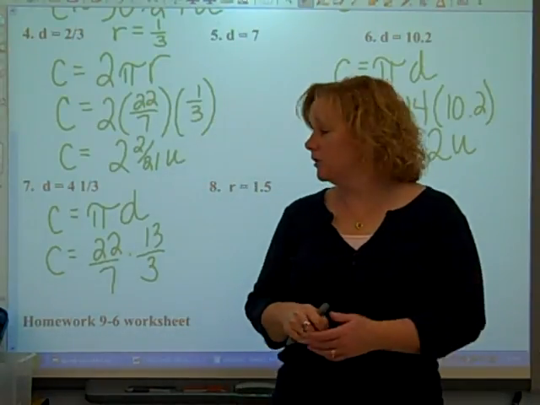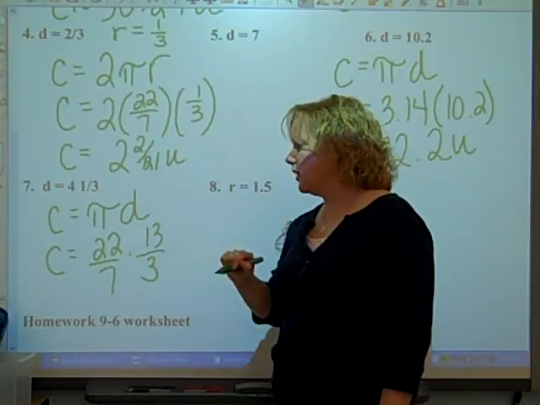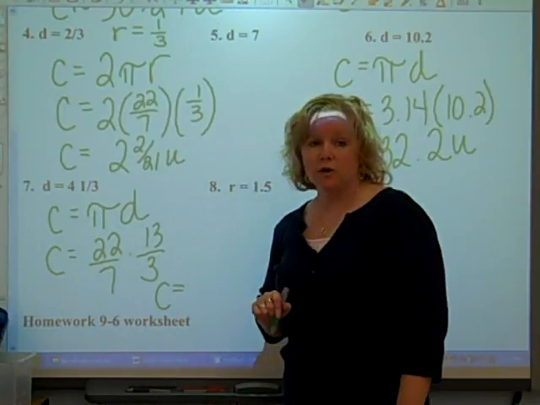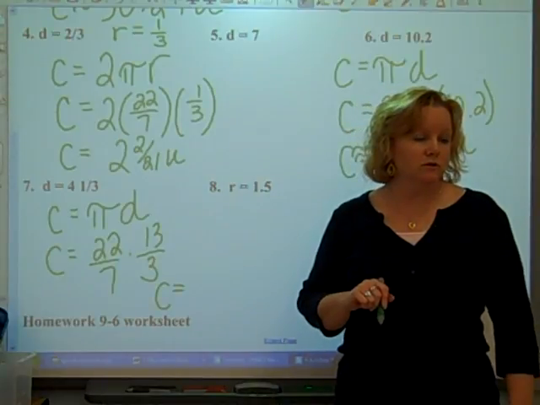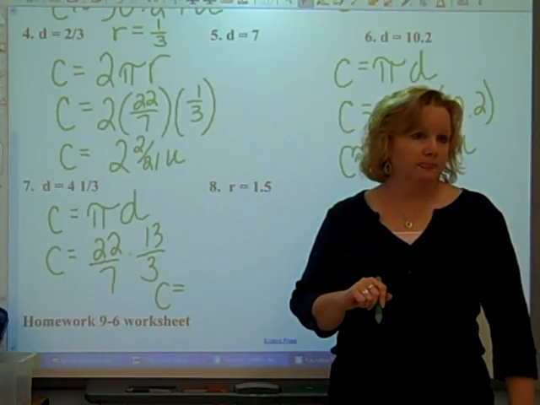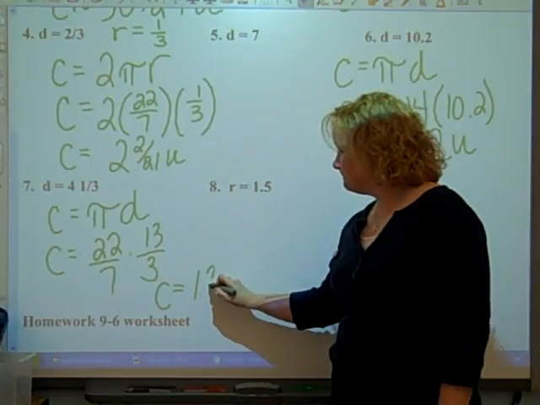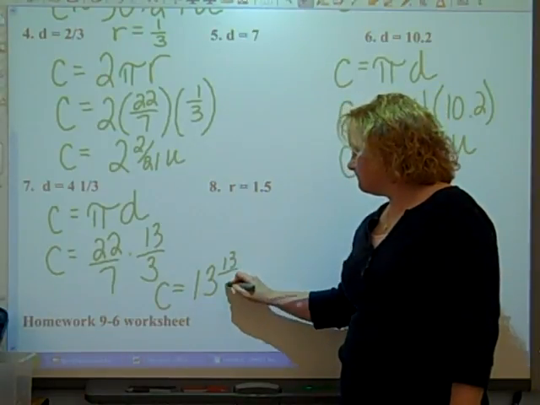Now you guys are going to put it into your calculator, but I made it into an improper fraction. And when I do that, what'd you get for a final answer? 13 and 13 over 21.